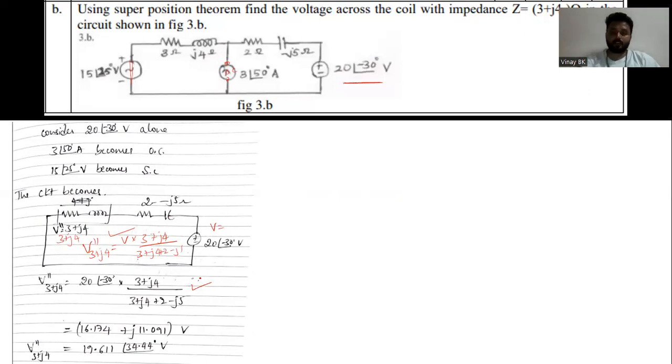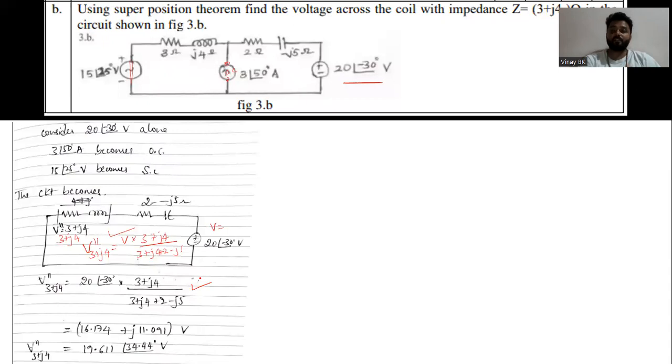You can get in rectangular form 16.174 plus J11.091 volts. After converting this into polar form, you get V double dash, when considering the other voltage source of 20 at an angle of minus 30 degree volts, as 19.611 at an angle of 34.44 volts. You can check it in your calculator in rectangular form as well as in polar form.